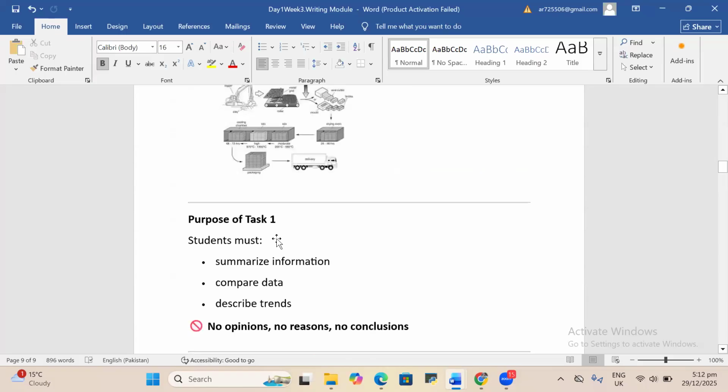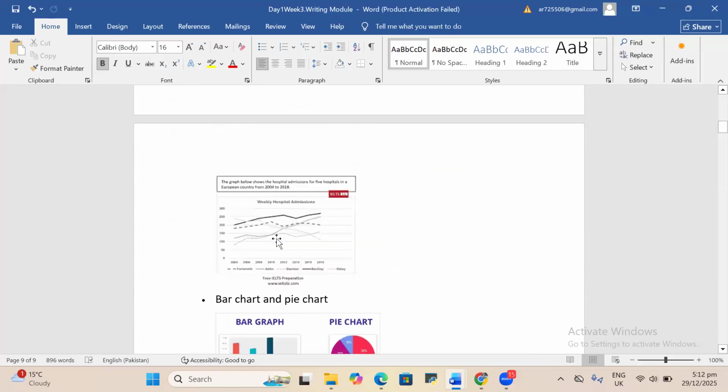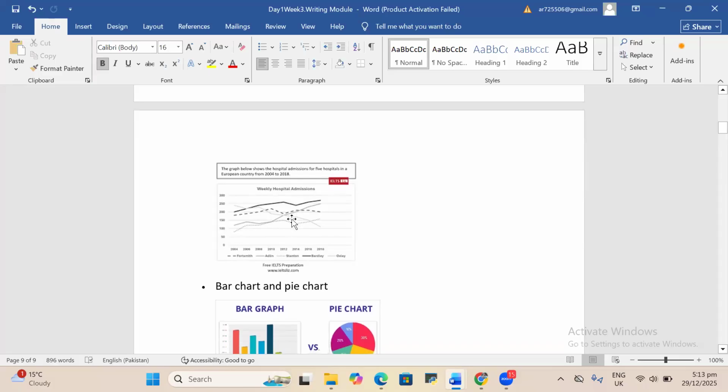For example, if anyone just describes the bold line, for example, this is the line of Birdly, and starts from 2004, the line starts from 2000, and at the end describes reaching 2000 plus, without describing the comparison of this line with the other ones, it can be considered a negative.